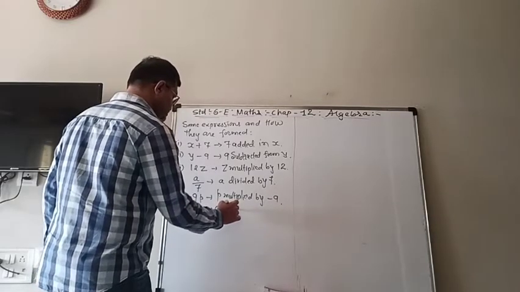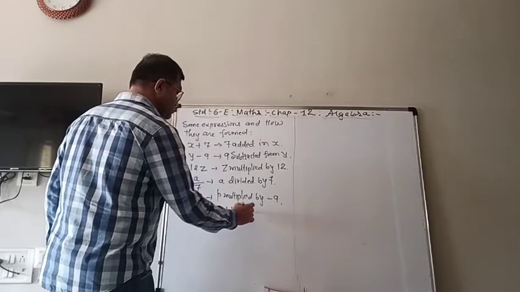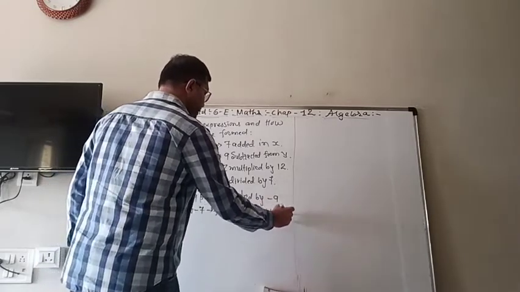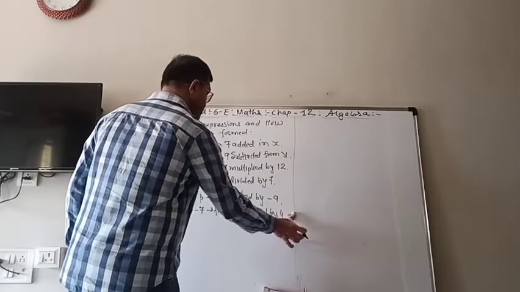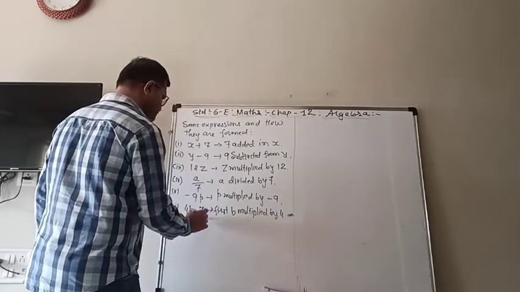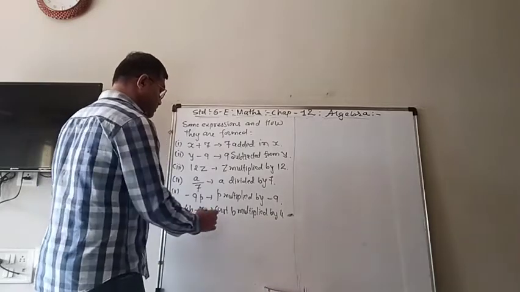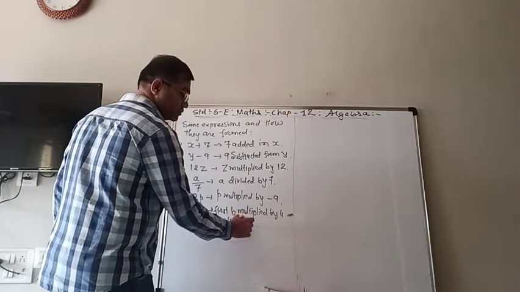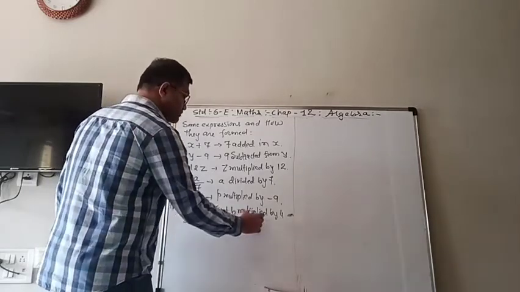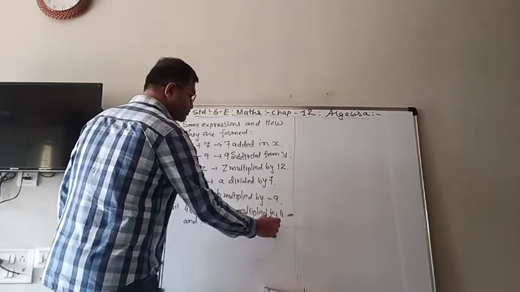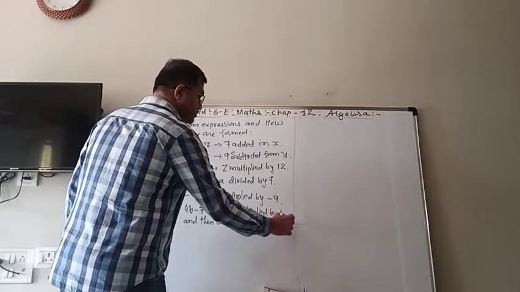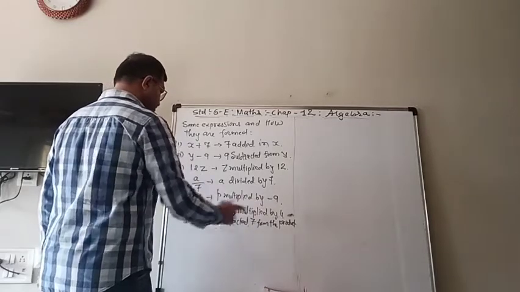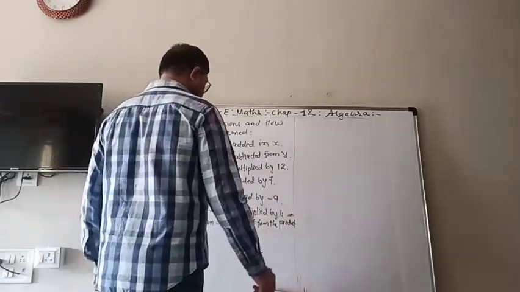First b multiplied by 4 and then 7 subtracted from the product. So first we multiply the b by 4 and then 7 is subtracted from it.